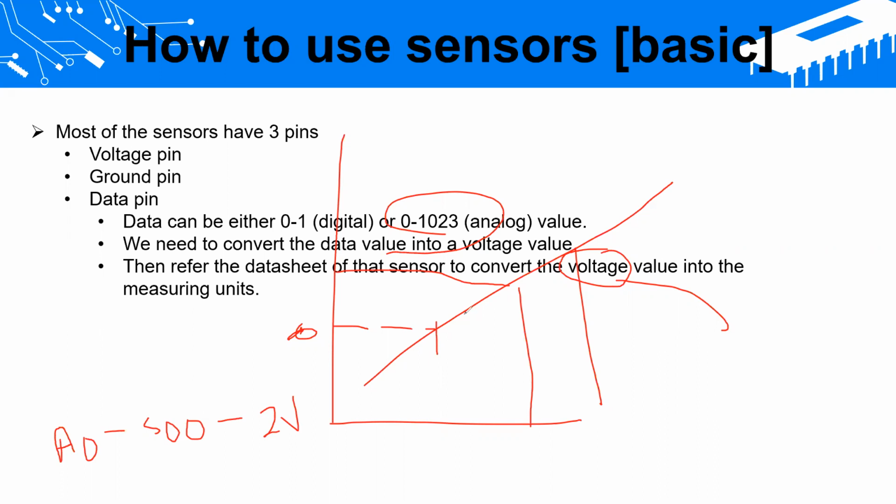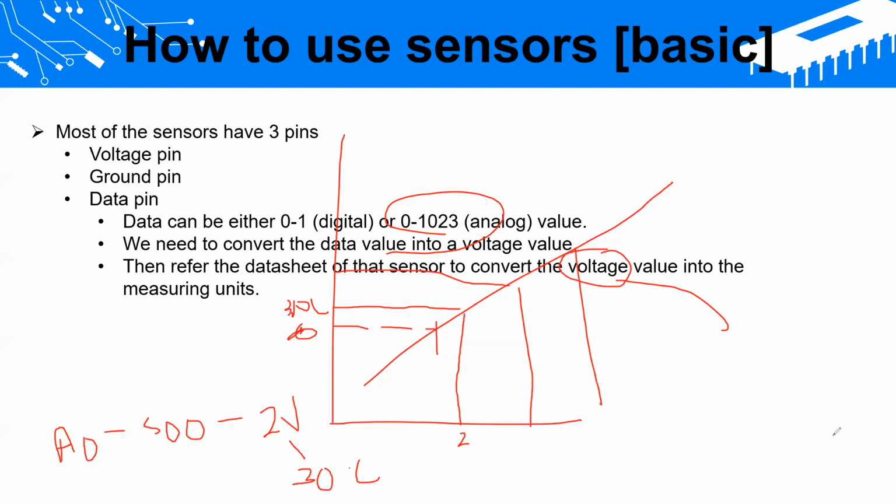So if it gives this voltage, suppose 2, then the temperature should be like 30 Celsius. You need to refer to the data sheet and do your work. Then you can convert this 2 volts into some measuring unit like 30 Celsius. You have to keep that in mind. So this is the procedure.